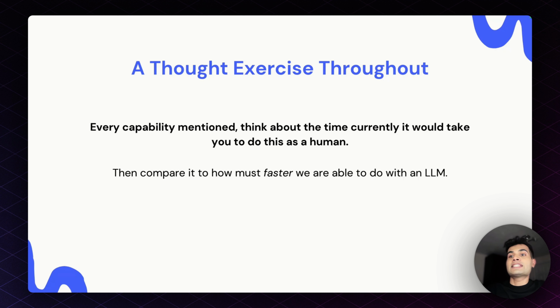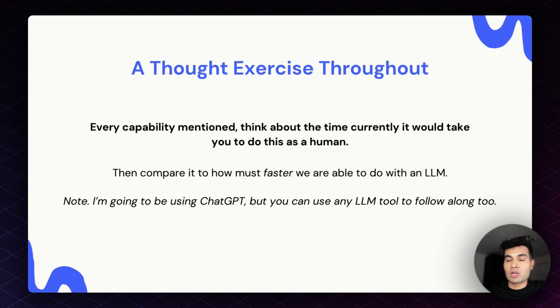Then simply compare it to how much faster we're able to do it with an LLM. Just a quick note, I'm going to be using ChatGPT, but you can use any LLM tool that you want, whether that's Gemini, Claude, anything like that. I'm using ChatGPT because it's the one I use and the one I'm most familiar with anyway. So with that being said, let's go ahead to the first capability.